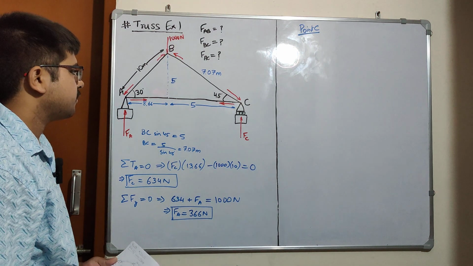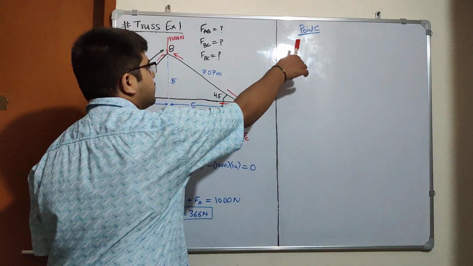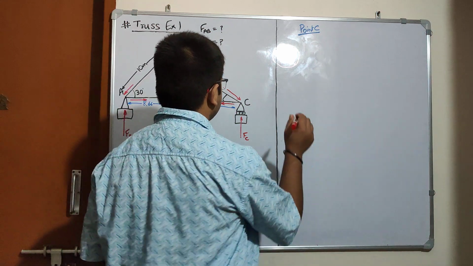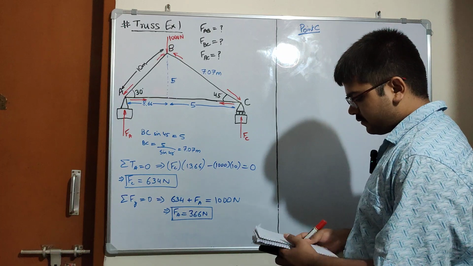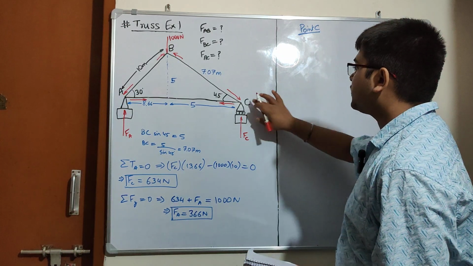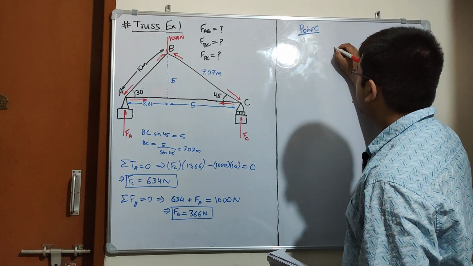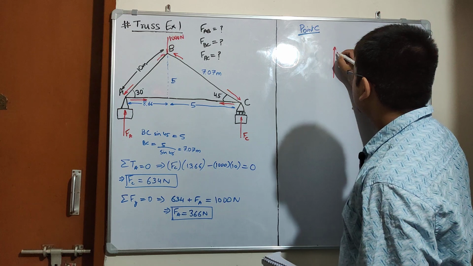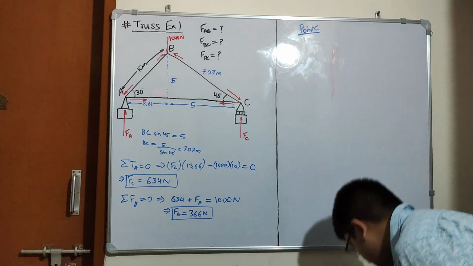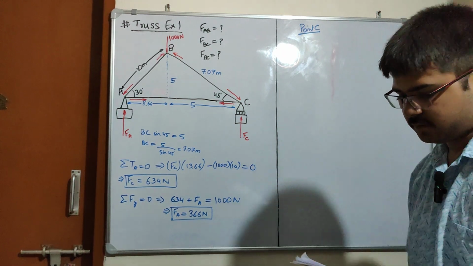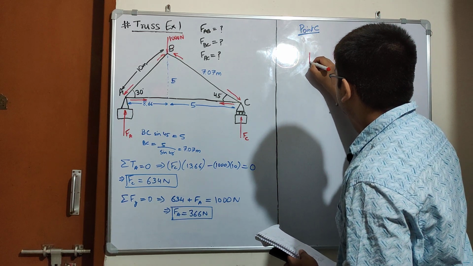Now we will look at point C. In point C we have the force triangle. FC is acting like this.